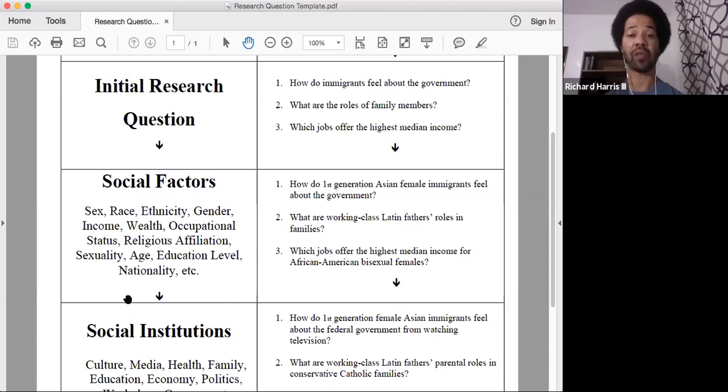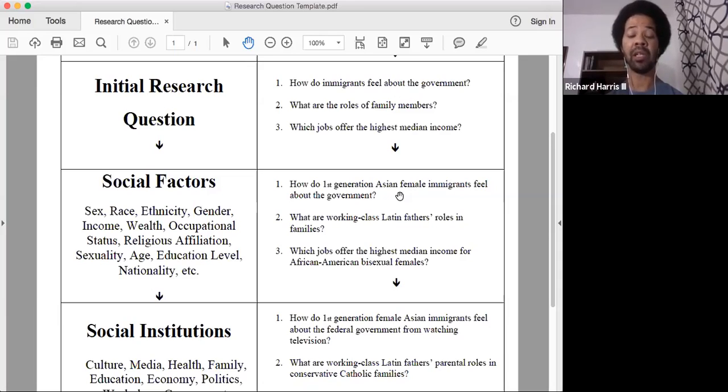By adding some social factors, the first question now becomes, how do first generation Asian female immigrants feel about the government? So some social factors are Asian females. Here we go. Are we going to focus on males in question one? No, not at all. We're going to focus on females, more specifically, Asian females.